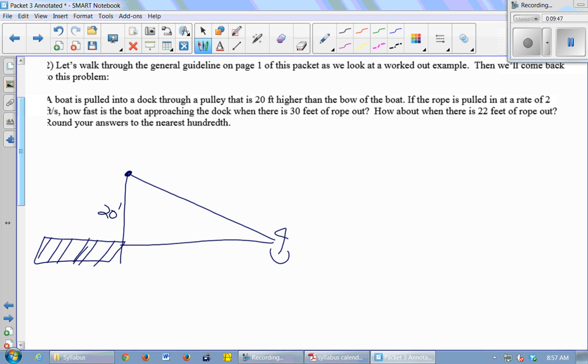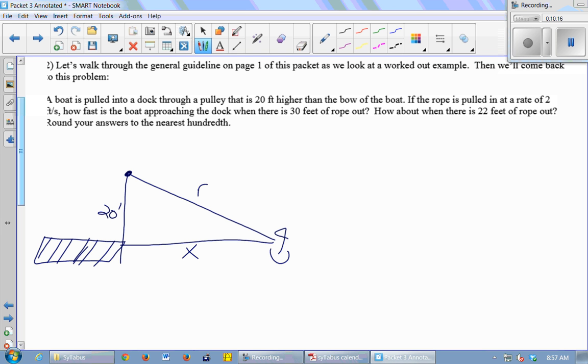So variables that are changing would be this. We'll call that R for rope. And then we'll call this horizontal distance X. So both of those things are changing. I didn't put in the moment when there's 30 feet of rope that they're asking about, but I can't put that in the picture yet because that is a changing quantity.